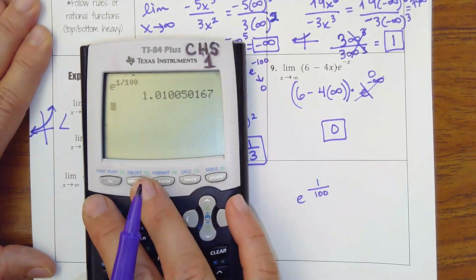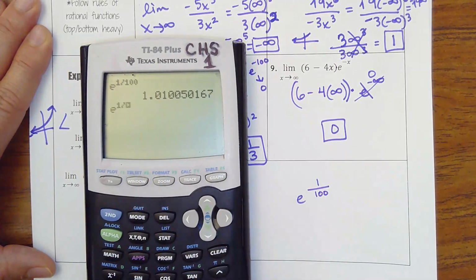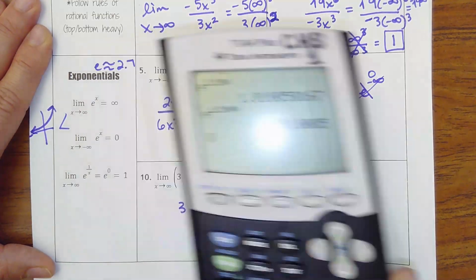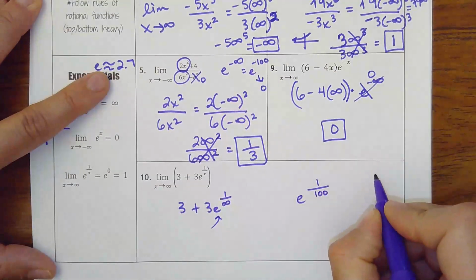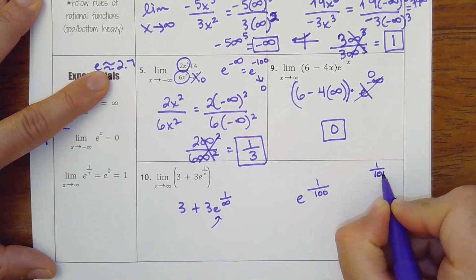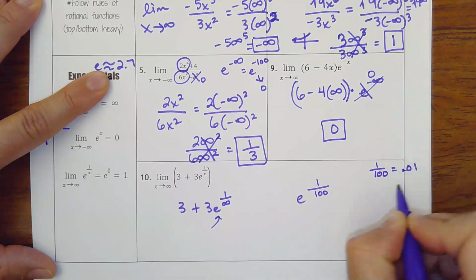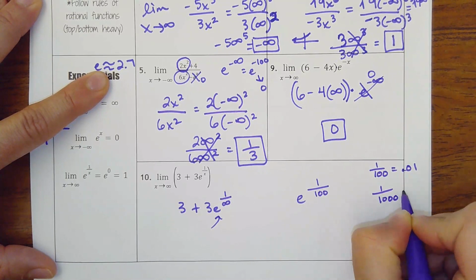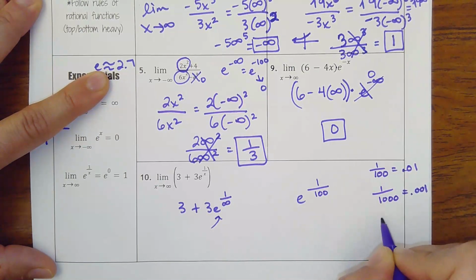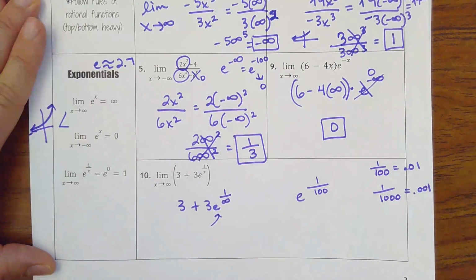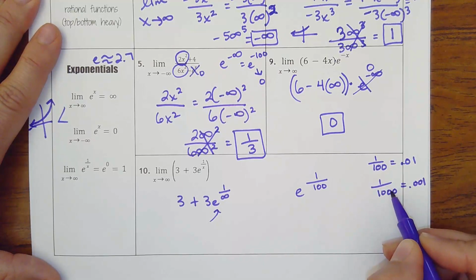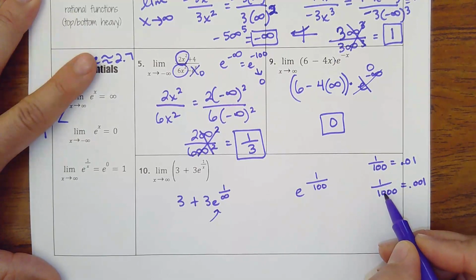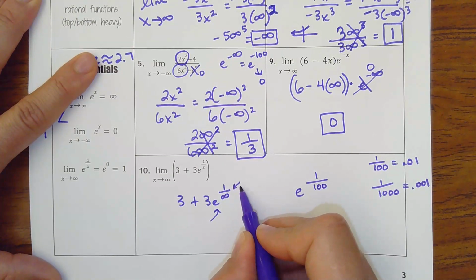Let's try 1 over 1,000. Why is it getting that? Because 1 over 100 is 1/100th. 1 over 1,000 is 1/1,000th. 1 over 10,000 is 1/10,000th. This basically becomes 0. 1 divided by a really big number, which is what's happening here, is 0.